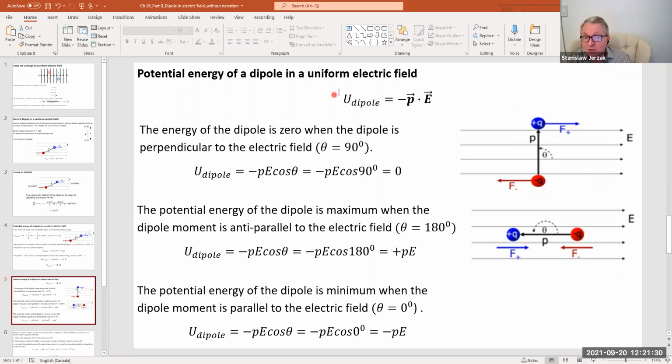When you write the expression like this, you might have the impression that this is the energy of the dipole at a particular orientation. But I'm telling you that we can only calculate or measure the difference of potential energy. This is the significant thing, only the difference of any type of potential energy.